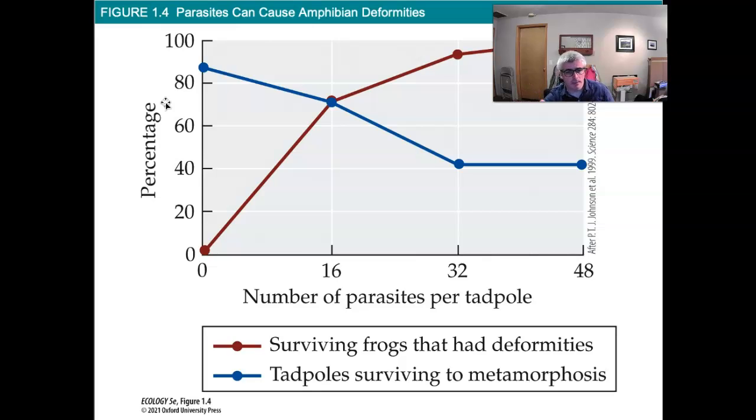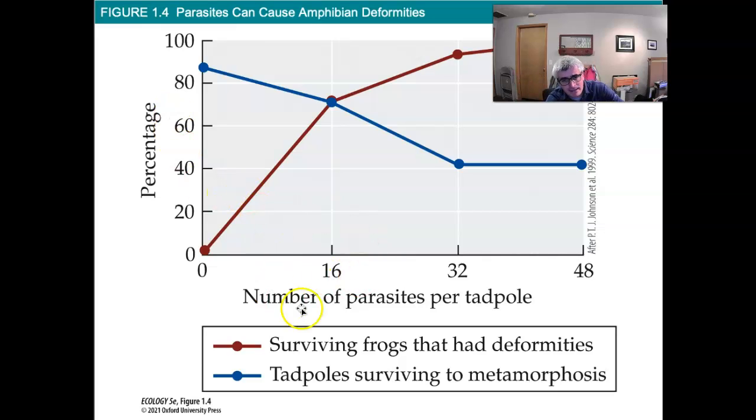That's what the control helps us analyze, both perhaps due to lab conditions, to other things. Like you can imagine this experiment, if they messed up the lab conditions and half of the tadpoles died in the control group, and if you didn't have that control group and you looked at your parasite data and you said, oh, lots of them are dying, well, that could be due to your lab conditions. And so the control helps with that.